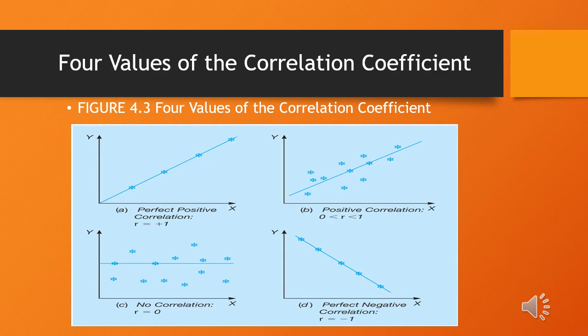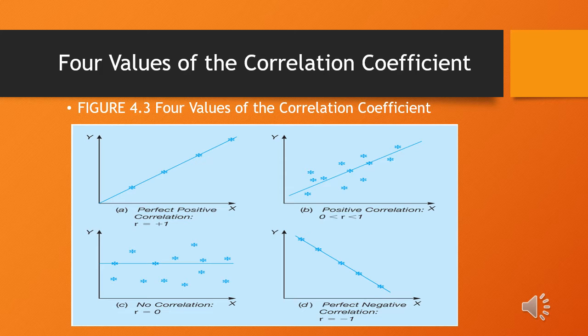And in this slide, you can see examples that illustrate possible scatter diagrams for different values of r. In the first one, we see a perfect positive correlation, where r equals 1.